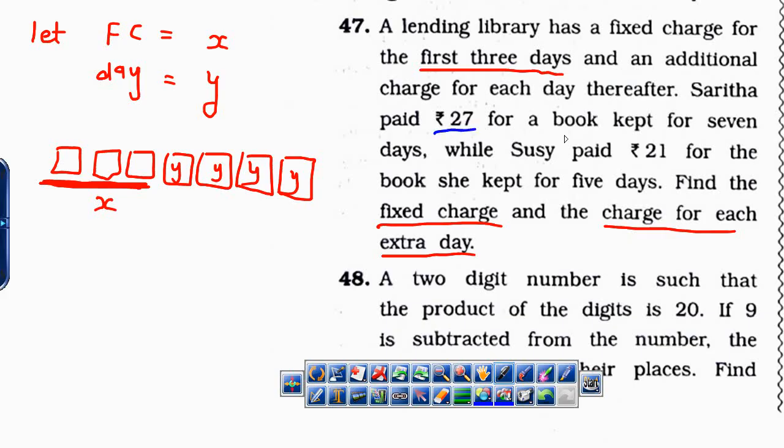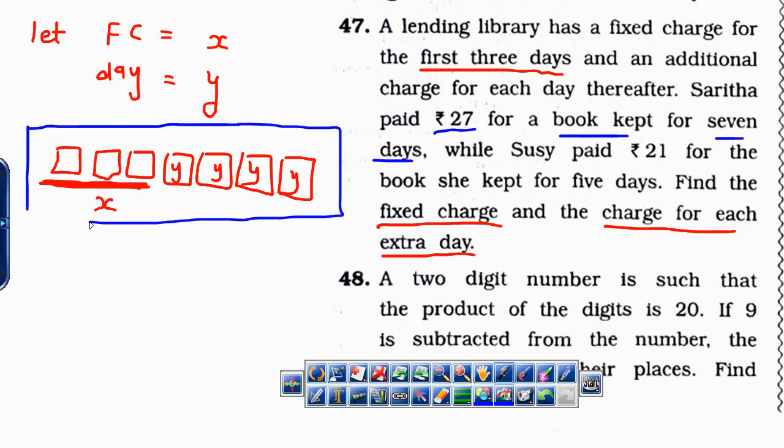Saritha paid 27 rupees for a book kept for 7 days. She kept the book for 7 days. तो ये रहे 7 दिन. तो 7 दिन में से 3 दिन तो X रुपीज़ में कवर हो गए, बाकी 4 दिन के Y रुपीज़. X plus 4Y is 27. This is how we form the equation.